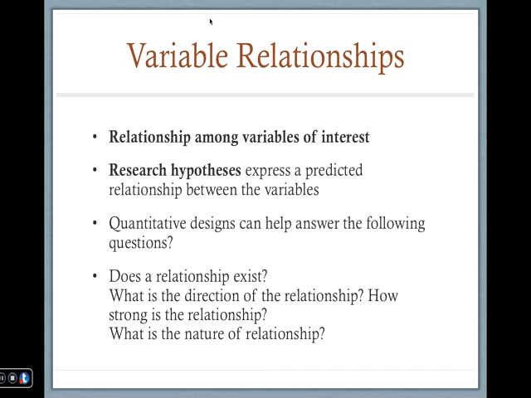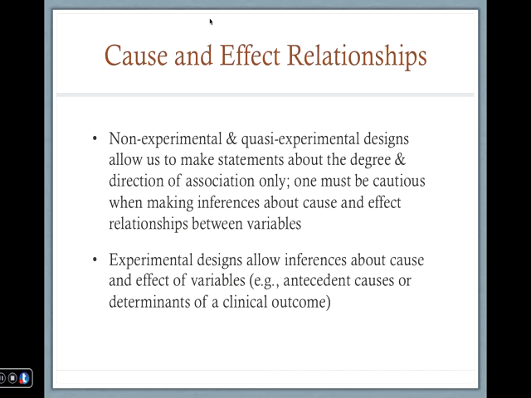So quantitative designs can help us answer the following questions. Does a relationship even exist at all? What is the direction of the relationship? How strong is the relationship? And what is the nature of the relationship? Non-experimental and quasi-experimental designs allow us to make statements about the degree and direction of association.